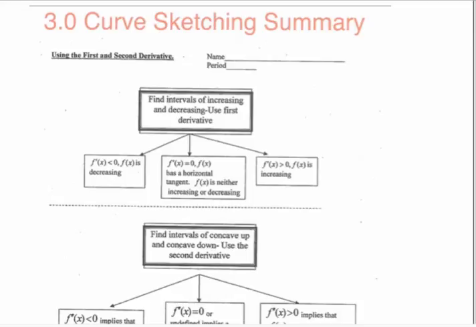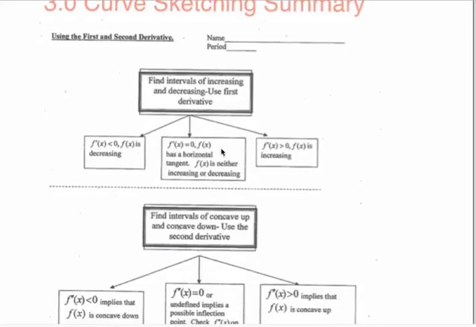So here, let's look at the first derivative test and the second derivative test, and you can read most of this yourself. It's going to fix a small error here. If f prime of x is less than 0, then yes, the function is decreasing, and if it's greater than 0, yes, the function is increasing.